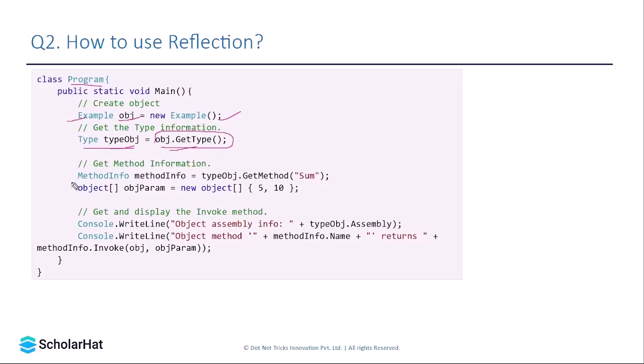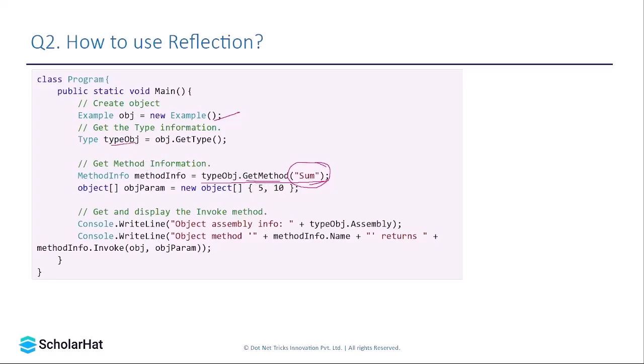Now, there is a separate class named MethodInfo, which gives the method details available inside this Example class. To get that, we write typeObject.GetMethod and then we pass the exact method name. You can think of it this way: the Example class contains a method named Sum, and with the help of reflection, we get the method detail using GetMethod. This GetMethod is available inside the type object.